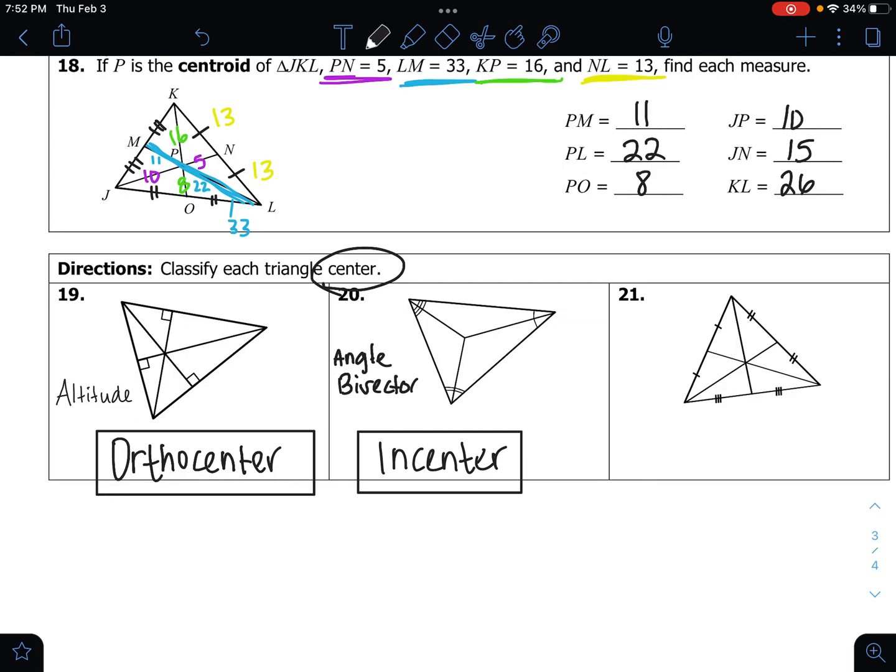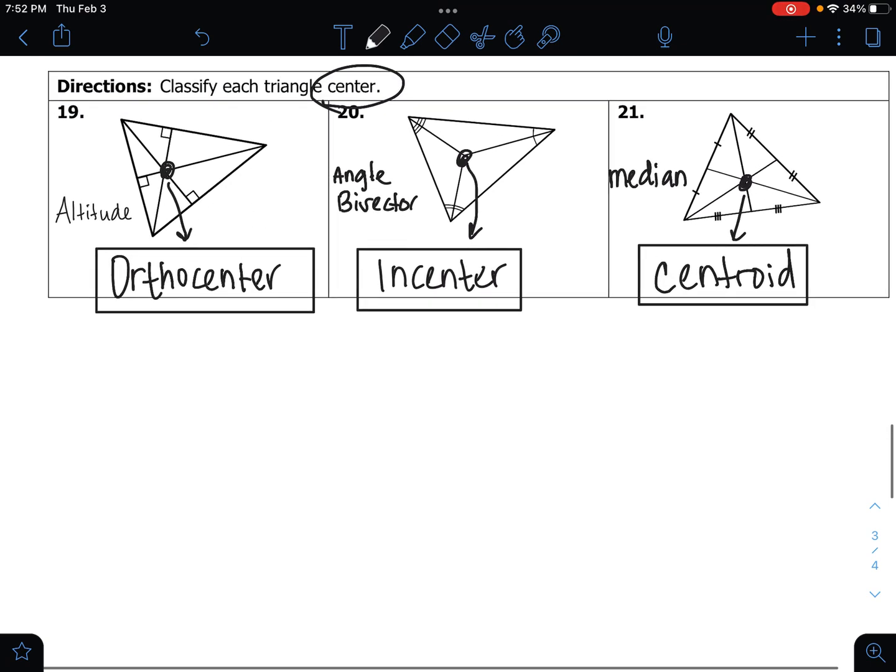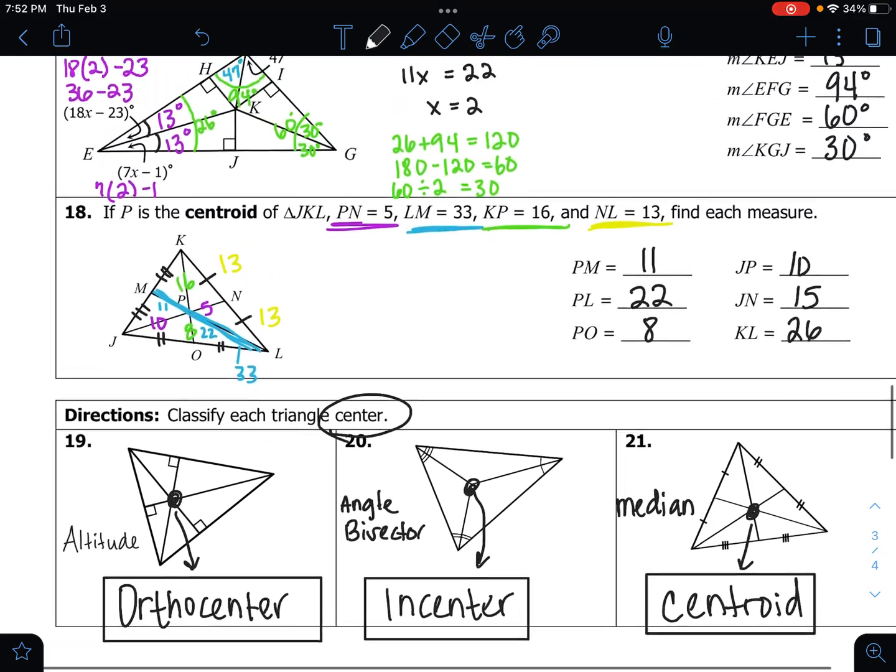There's only one left, median. Well, it's not mid-segment, I'm sorry, there's two left. But it's not that, so it's median, which means this is a centroid in the middle. So this middle point is called the centroid. Okay, so that's the centroid. This is the incenter. This is the orthocenter. All right, number next. Oh, just kidding, that's it. We're done.